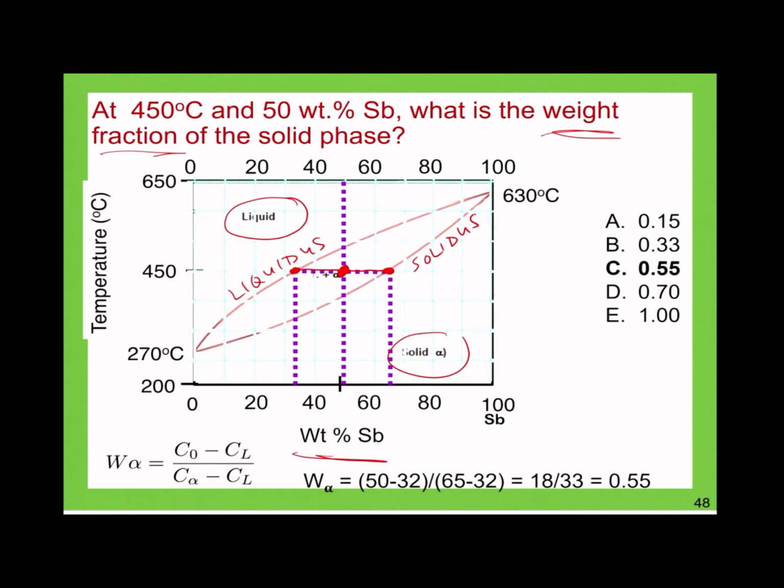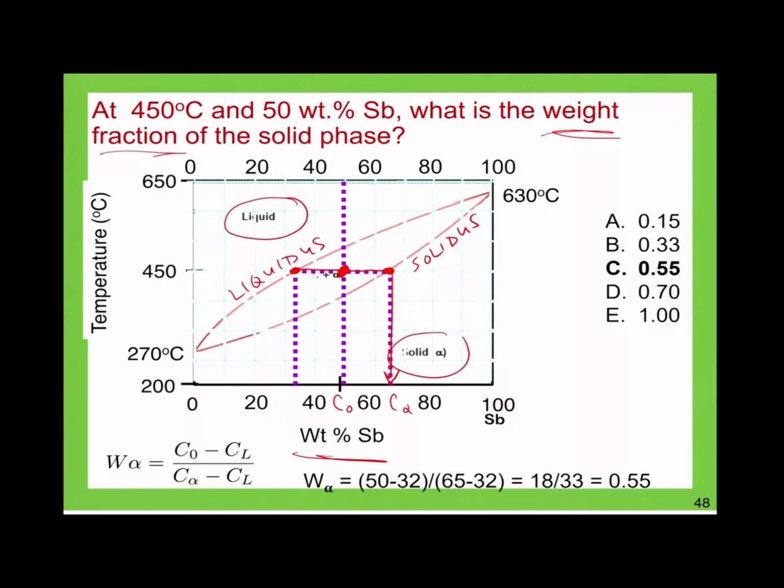Then you just read off your compositions. You go down and read off the x-axis your C alpha. This is your C naught, which is the composition of the system. This is 50 weight % antimony.